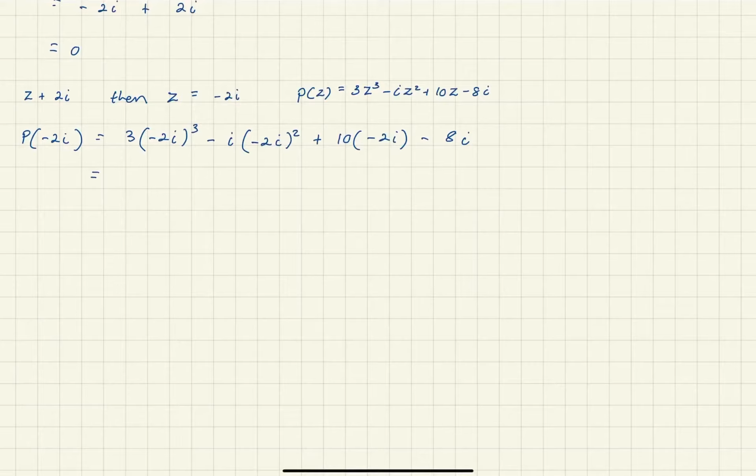Alright, let me expand that a little bit straight away. I'm going to change all of this so that I don't make a silly error here.